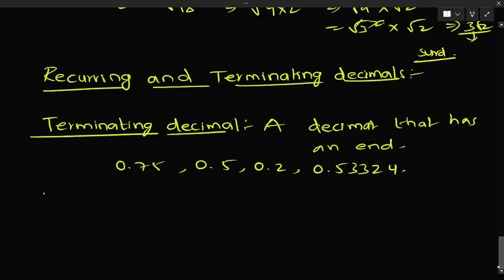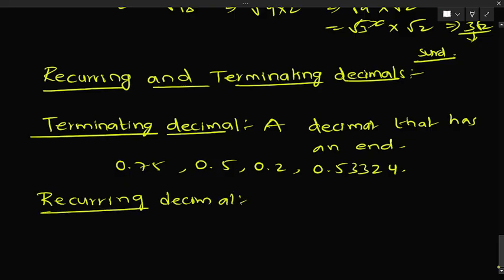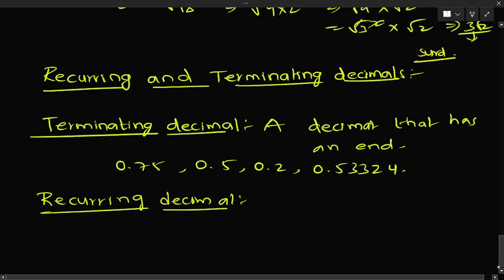And the next one is recurring. So what do you mean by recurring decimal? A decimal that repeats indefinitely, nothing but the digit which repeats frequently.